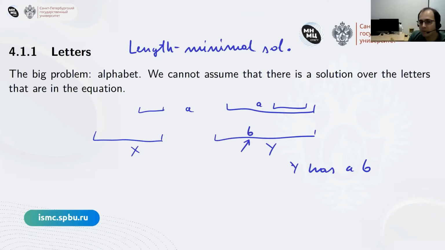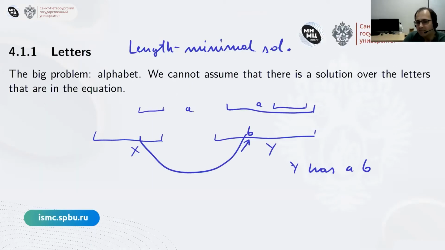This could probably be worked around, but in general, when we say something about length minimal solutions, we no longer can use the argument that all those letters are in equivalence pairs with some letters which are explicitly in the equation. And this also does not work for substrings, and this creates some sort of a problem.